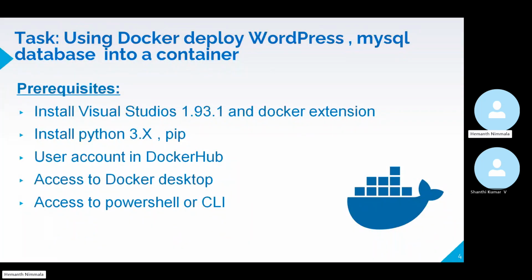As a prerequisite for this, we'll have Visual Studio, which we will use to write our configuration file in the YAML document. We also have Python because we used it for the previous demos. We also need access to Docker Hub along with installation of Docker Desktop on the local machine, and access to either PowerShell or a command line interface to execute the commands.